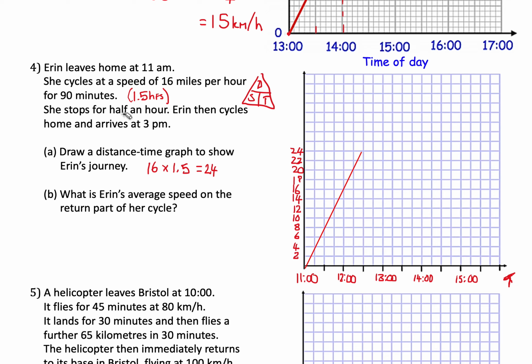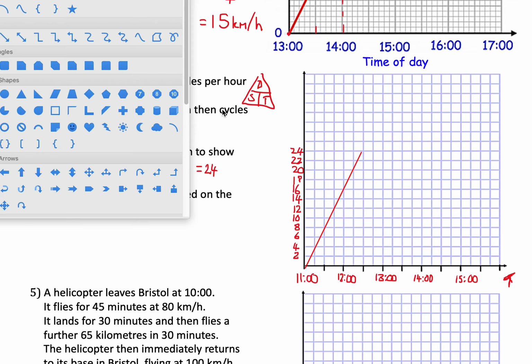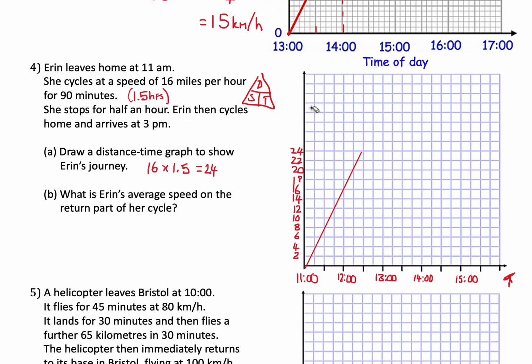Right, she stops for half an hour, so we need another line. Let's see if I can do this a quicker way, actually.